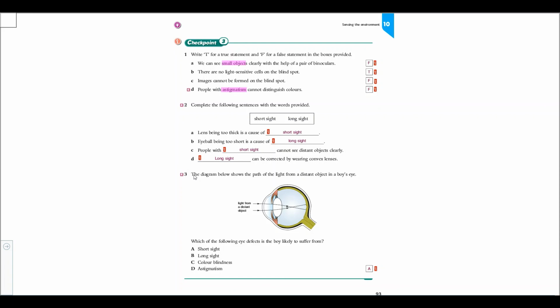Okay, and the last question is a multiple choice. It shows the path of the light from a distant object in a boy's eye. This is exactly the experiment part, so it should be short sight. The answer should be A. So this concludes section 10.2 about sight. Please make sure you understand everything in the video and finish the homework. Thank you.